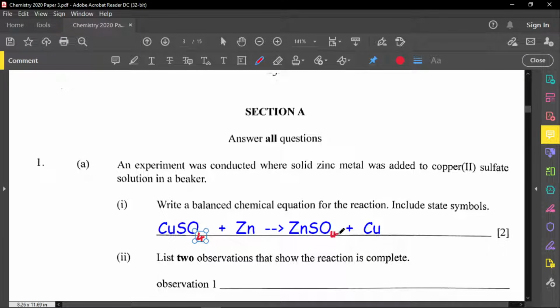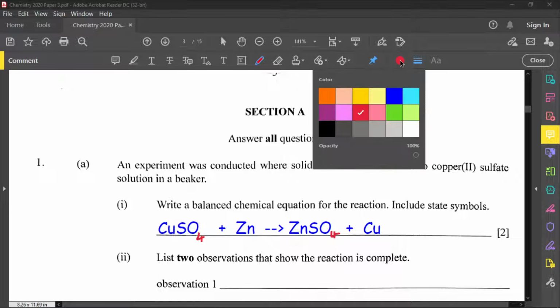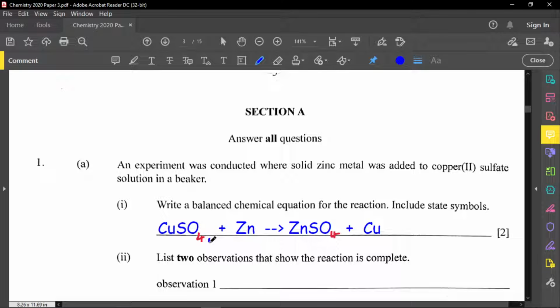Now I'm going to put on the state symbols. Let me put them here in probably blue. Copper sulfate is aqueous, so I'll put AQ right there, in brackets.